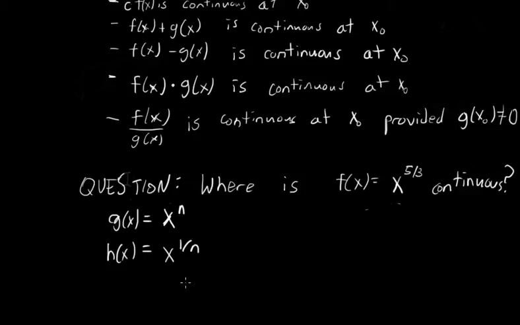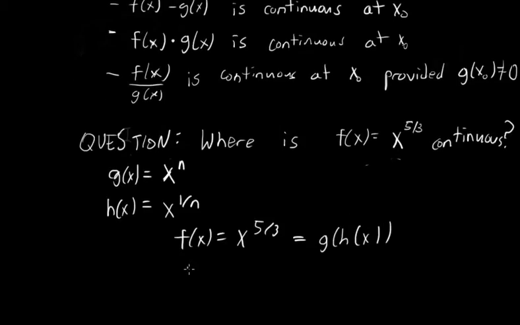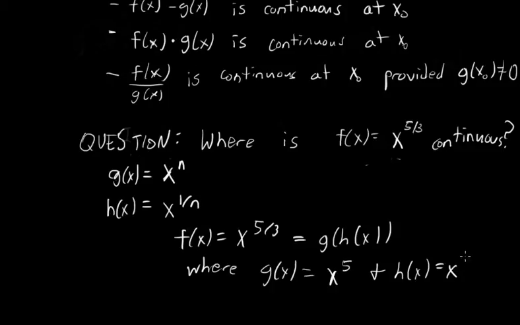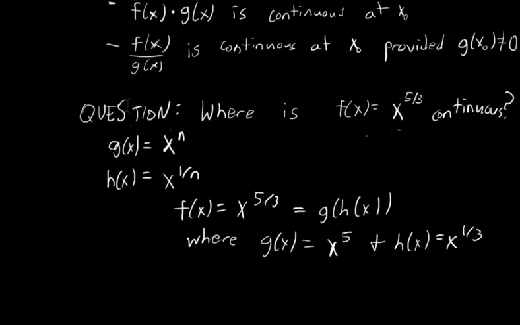But hopefully you recognize f of x equals x to the 5/3 as the composition g of h of x, where g of x is x to the 5th and h of x is x to the 1/3.